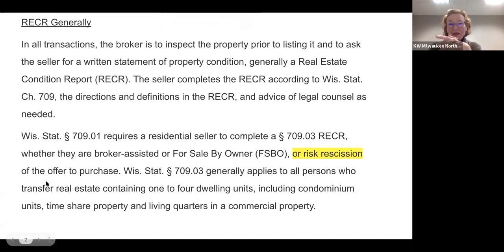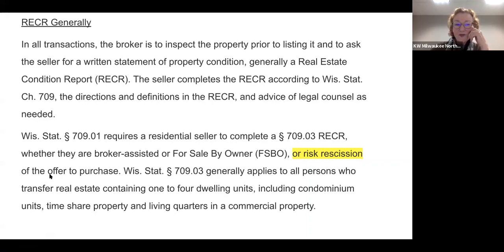The broker's duty is to inspect. Now, this is your role as a listing agent: inspect a property prior to listing it and ask the seller for a written statement of the property condition report. The seller completes the condition report according to a state statute and the definitions in the RECR, which we went over, and the advice of legal counsel as needed.